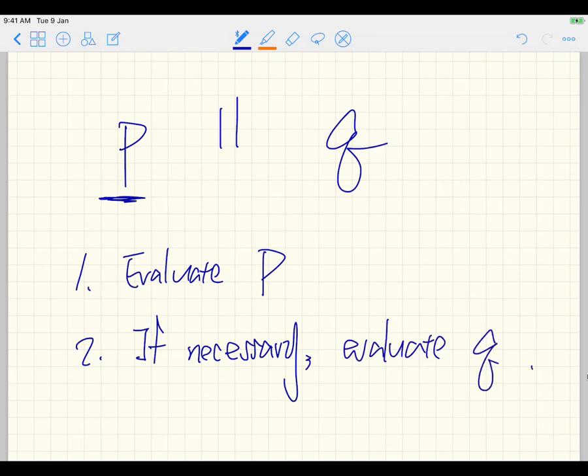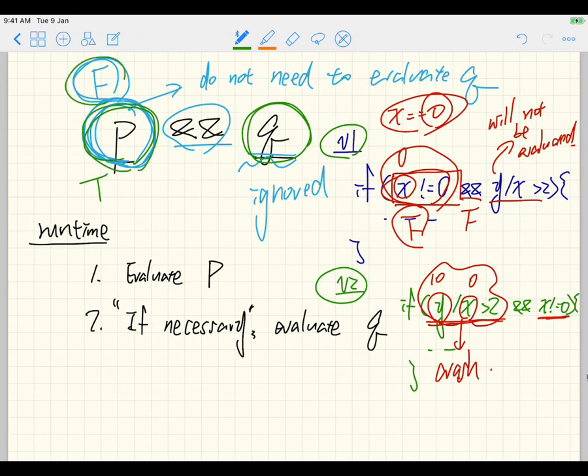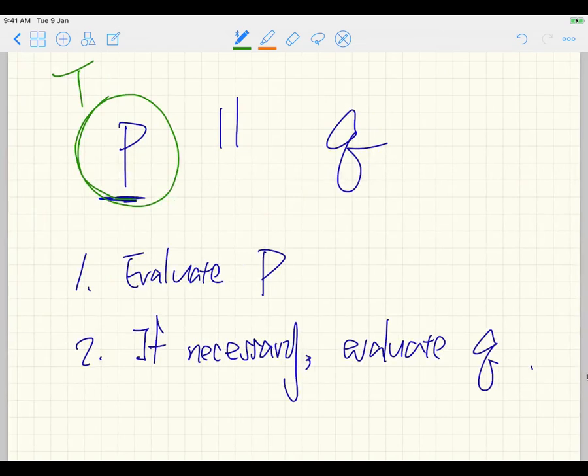If I evaluate P first and the result is already true, as opposed to the case of conjunction where the result is already false, it's symmetric. If P is already true, the result for disjunction will just be true.